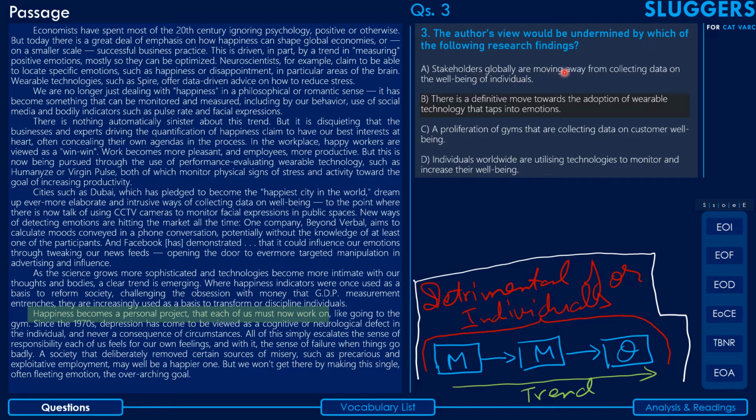This option actually goes against the first part, right? The measurement part, because it says that stakeholders globally are moving away from collecting data. So this is completely contrary to what the author has said, at least in the first part of the author's point of view, that there is a trend towards measurement and monitoring, and this option says that no, they are moving away from collecting data on the well-being of individuals.